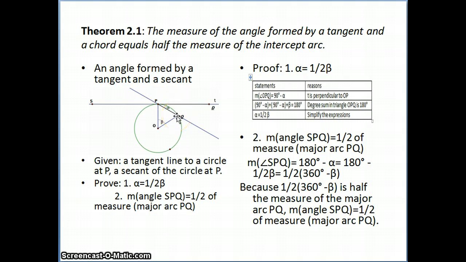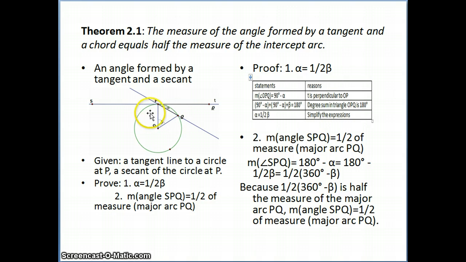And recall the definition of the measure of an arc: it is also the measure of this central angle here. So basically in the picture, we want to prove alpha is half of beta, because the measure of arc PQ is defined as the measure of the central angle POQ.